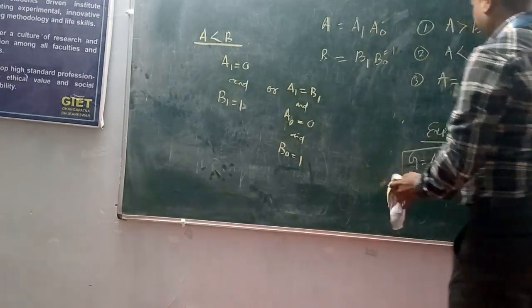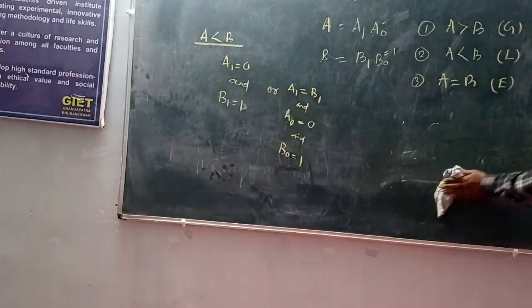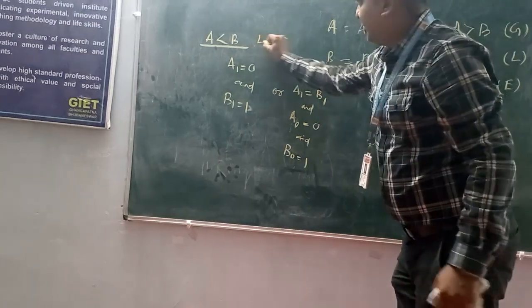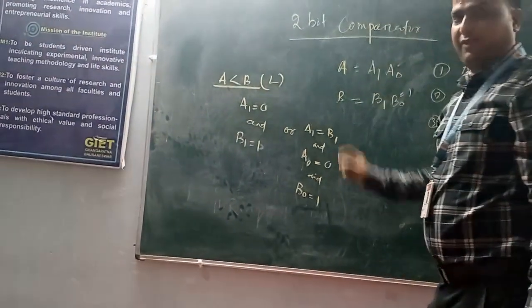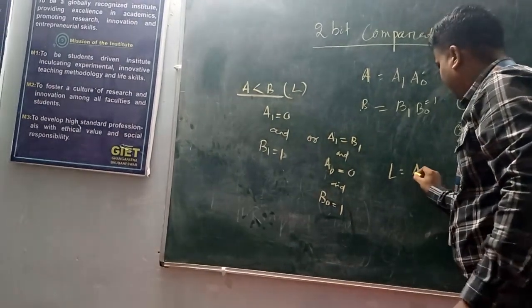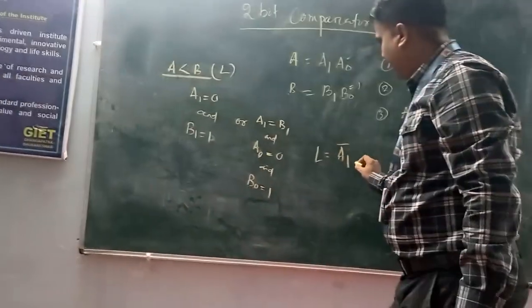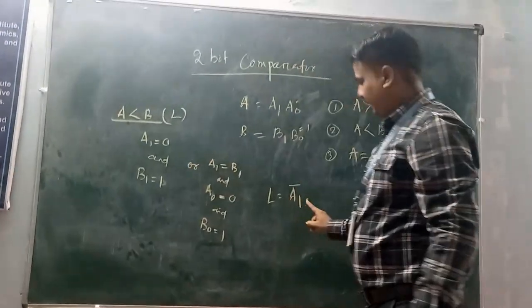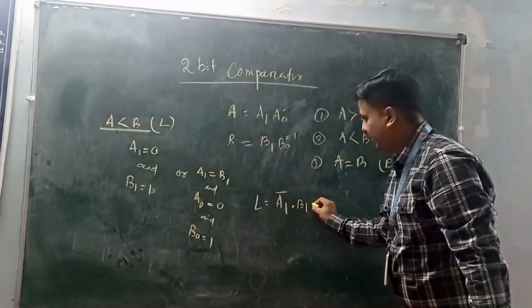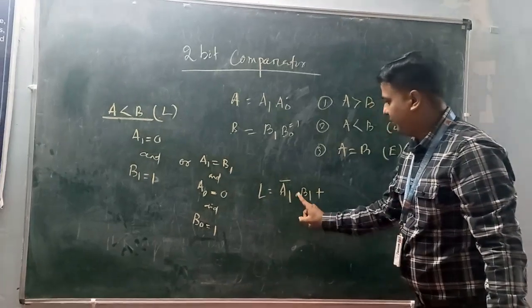So now, what will be the expression? This condition is denoted as L for less than. So L is equal to A1 is 0, that means A1 bar, AND, into B1 is 1, that is B1.